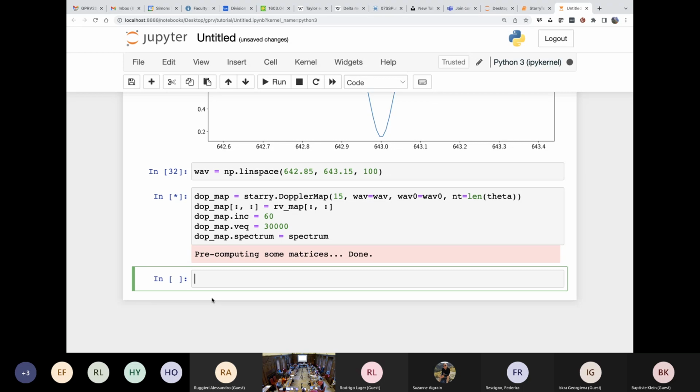Yes. I'm getting a whole bunch of errors when I first compiled stuff.